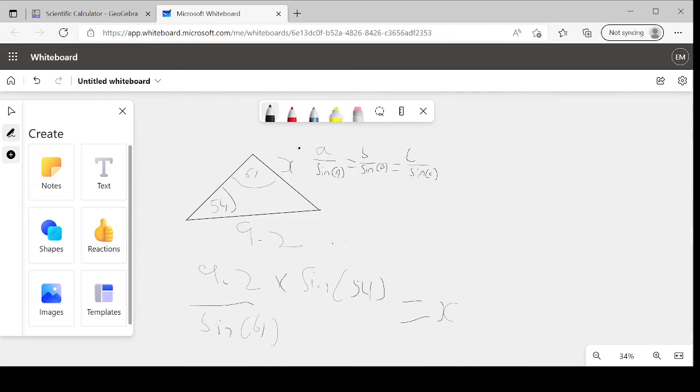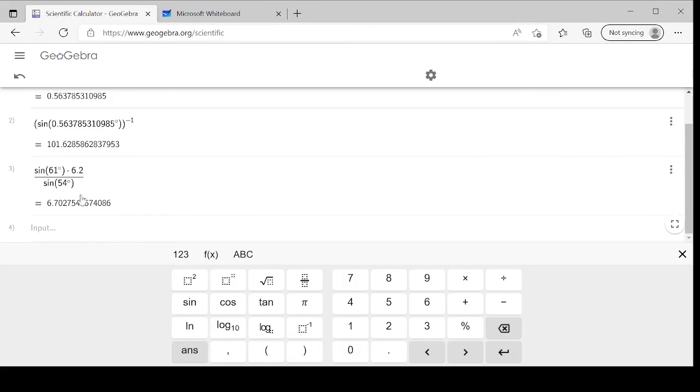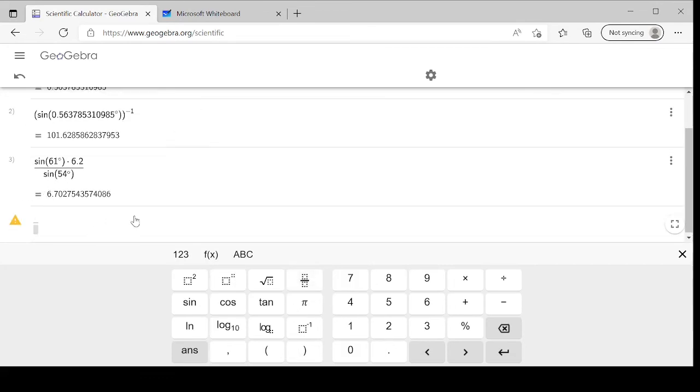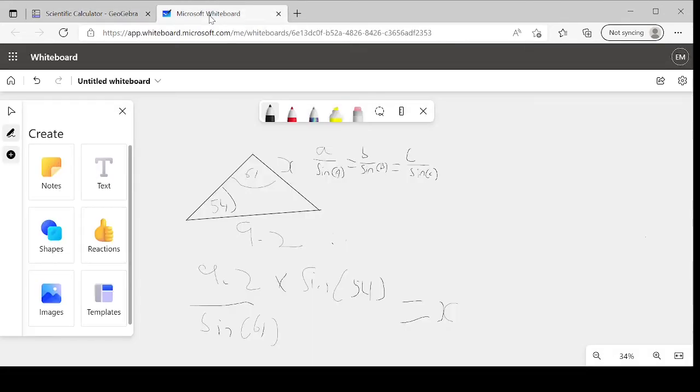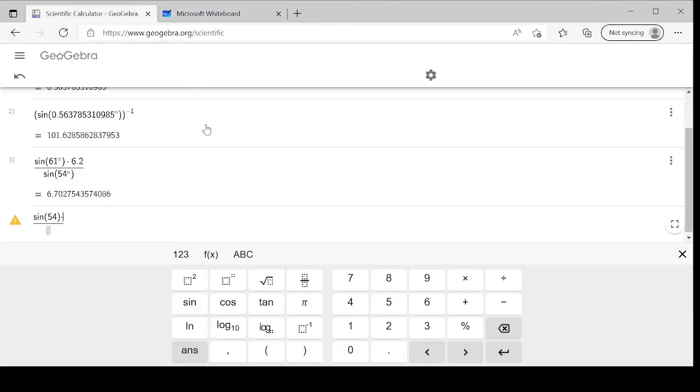So now we can just go over to our calculator and do the sine of 54, multiplied by 9.2, divided by the sine of 61, and we know that that must be equal to x.